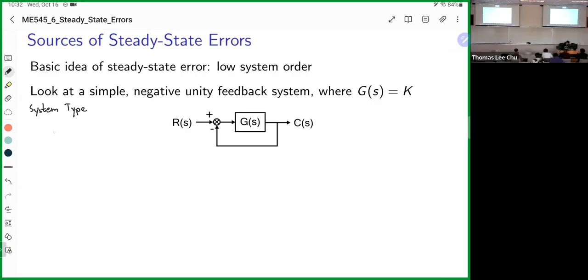What it means is, if I have specifically an open loop transfer function corresponding with this feedback diagram, and this is based on your open loop transfer function, what we're looking at is the denominator terms. If I'm able to pull out a pole at the origin, that's going to be my system type.